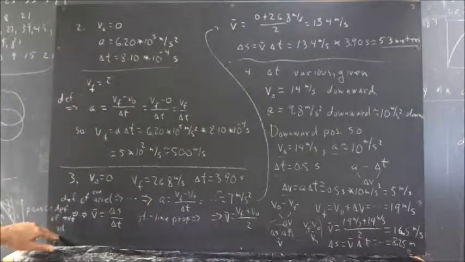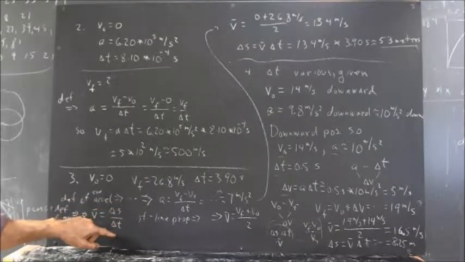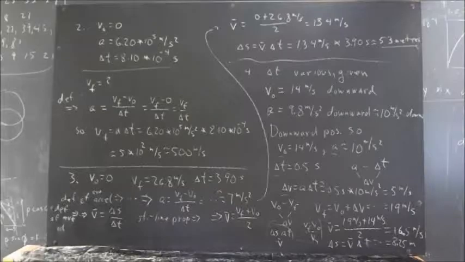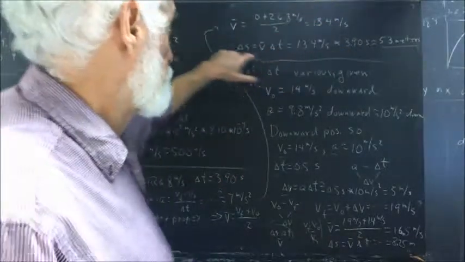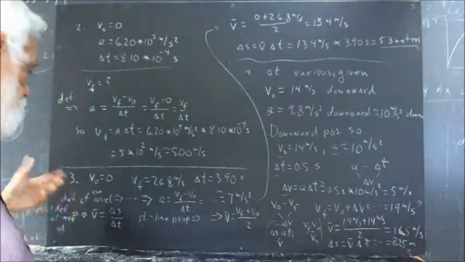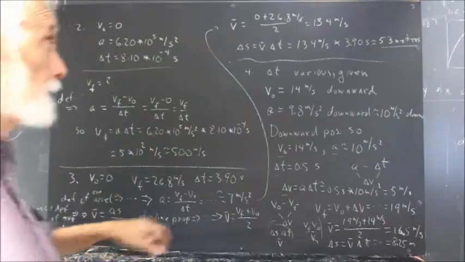Then our definition of average velocity tells us the average velocity is delta s over delta t. And since average velocity is delta s over delta t, delta s is average velocity multiplied by delta t.